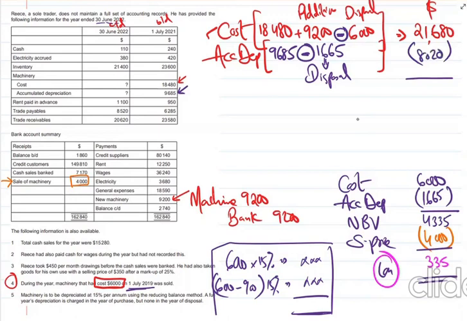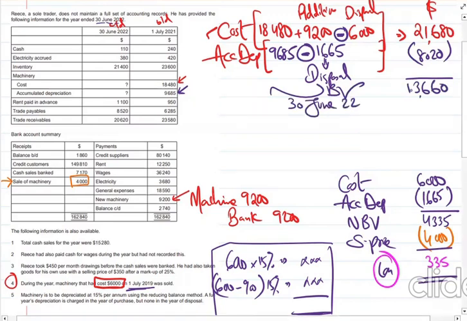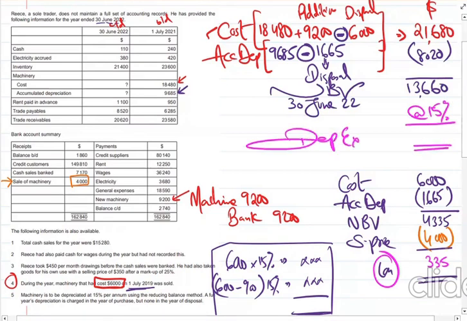So carrying amount or net book value is how much? And full year policy means we will apply 15% on the net book value. We will get depreciation expense for the year.